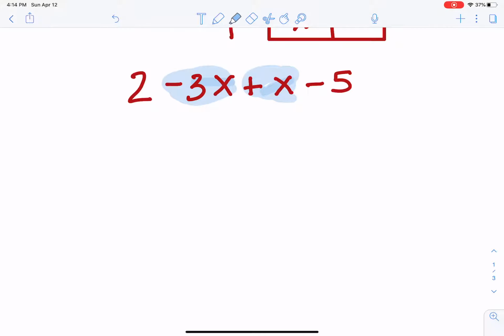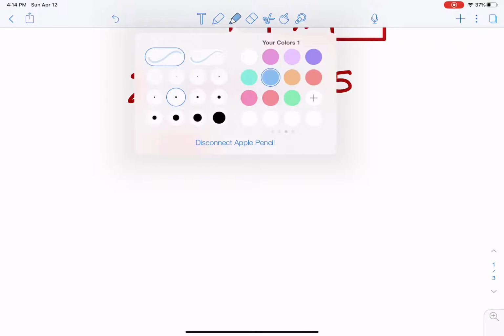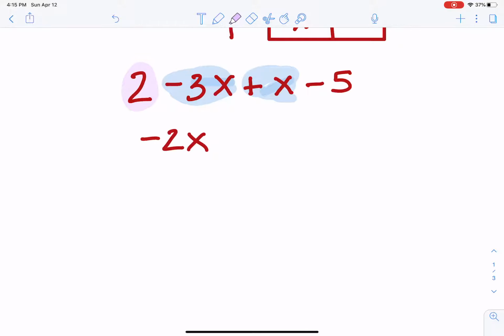So this is -3x. So -3x and x, what does that make? That makes -2x. Now I can combine this 2 and this -5. So 2 and -5 make -3.